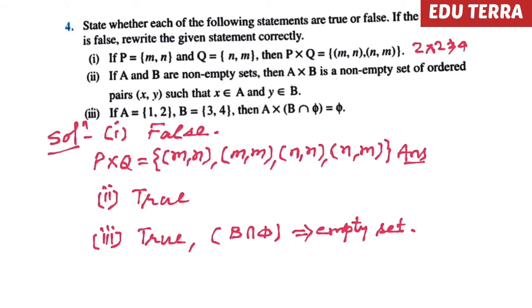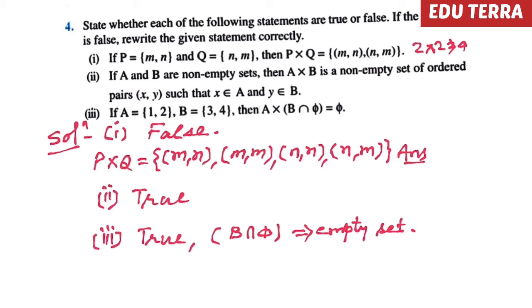Now question number 4. State whether each of the following statements is true or false. If the statement is false, rewrite the given statement correctly. See, the first one is false, because if P equals {M, N} and Q equals {N, M}, then P cross Q has only 2 pairs, but it should be 4.